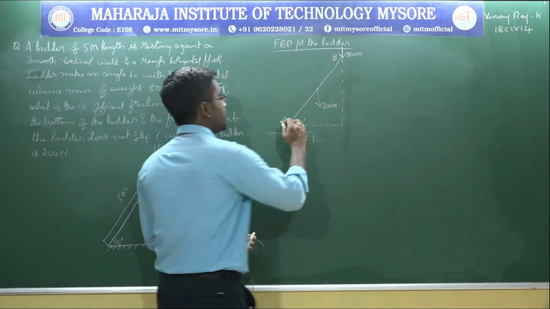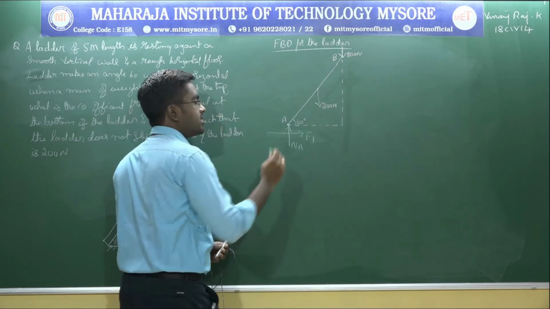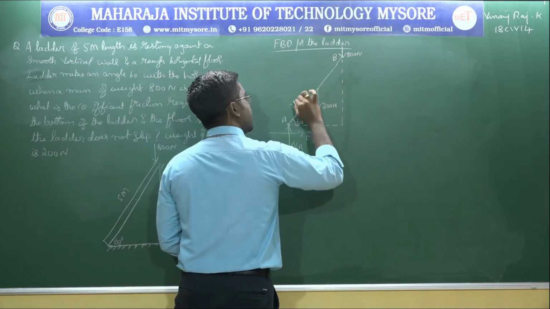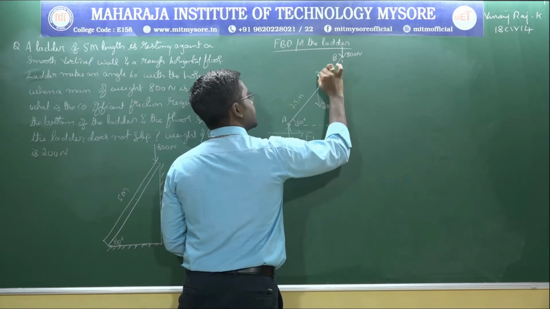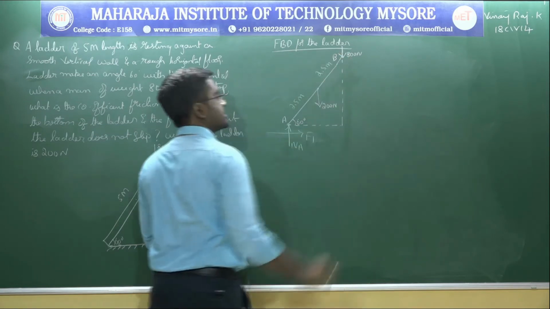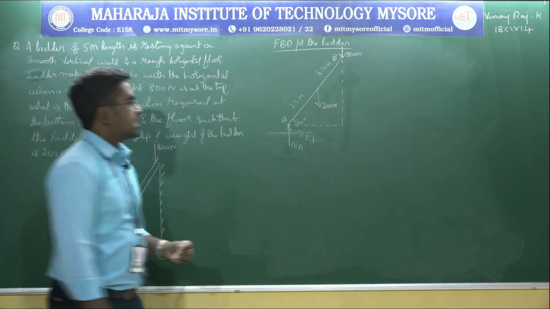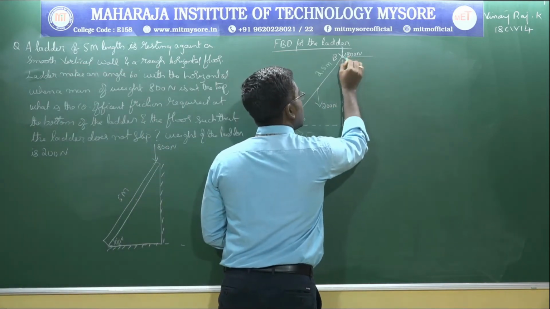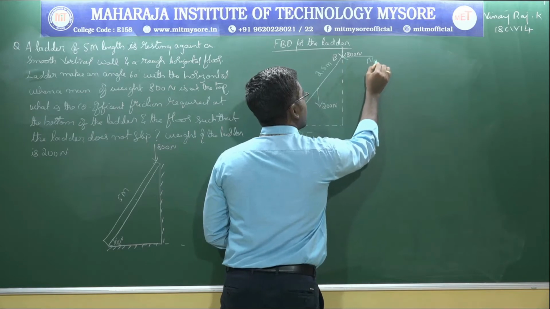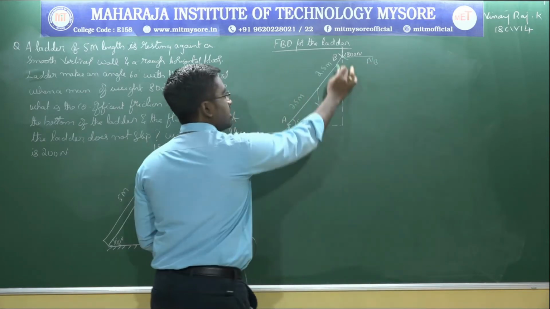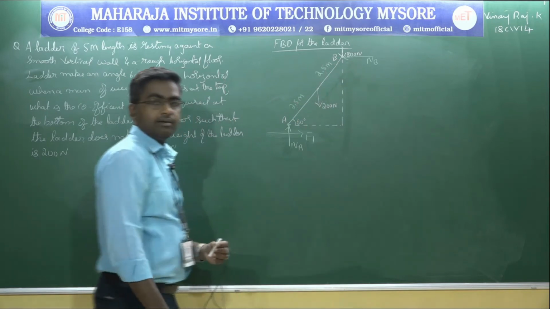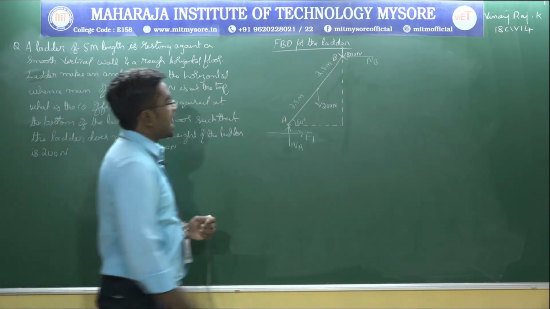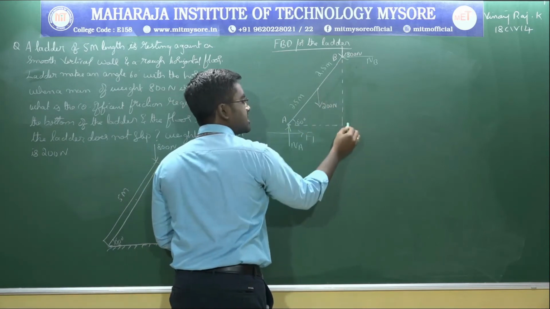Now the length of the ladder is 5 meters. So if I consider this as center, this will be 2.5 meters and this will be 2.5 meters. At the point B, there will be only normal reaction from the wall, and let me call it NB, and there will be no friction here, right? So now let us calculate this distance.